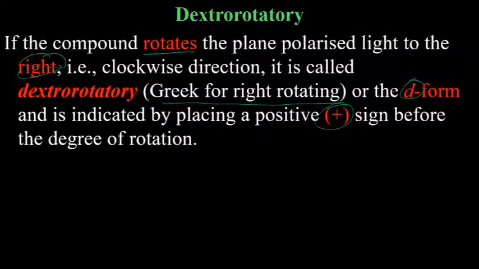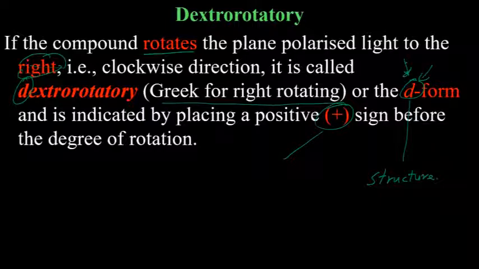basically these two are different and this D is actually based on the structure. What that structure is, we will be talking about in the next chapter. This plus is what tells us whether it is right rotatory or left rotatory, whether it is dextro or levo. You might get confused that dextro starts with D, but D does not indicate the right rotation.